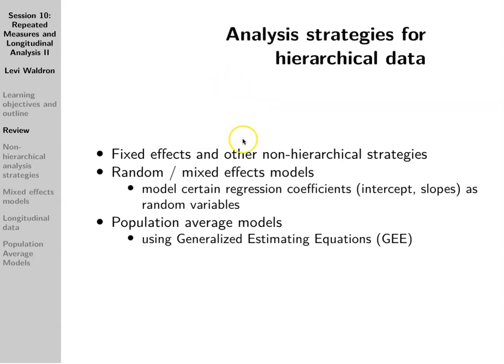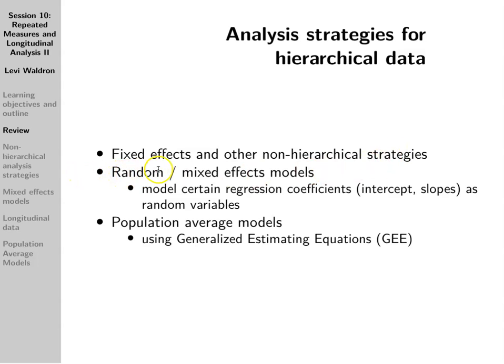These are the big categories of analysis strategies that you can consider and that we're going to discuss. The first is fixed effects models and other non-hierarchical strategies, and we'll discuss this some more today.